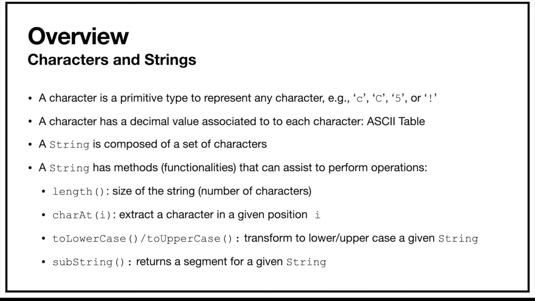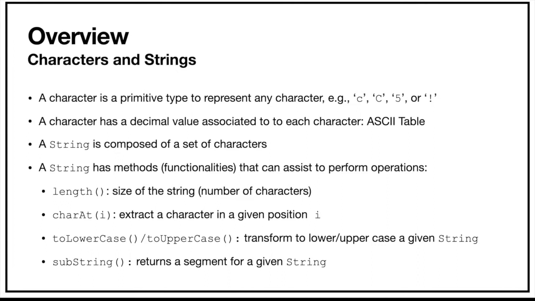It's very popular to have object-oriented programming, and Java is probably one of the best programming languages that achieves this goal. Anyway, strings have methods, or what we call functionalities, right? So every object deals with methods. We have seen other methods similar to length, charAt, toLowerCase, toUpperCase, substring.